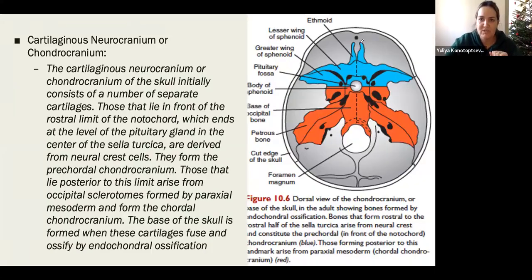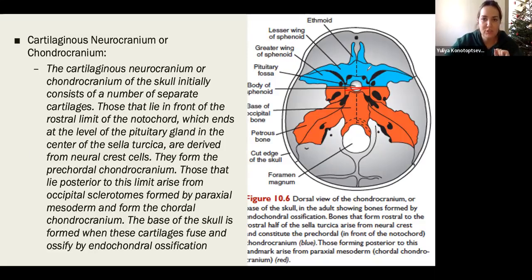The cartilaginous neurocranium is the base of the skull, and it is kind of divided into two. The point of the division is going to be the sella turcica. Okay, you can see that the sella turcica, or pituitary fossa, is the point where the two sources are meeting up.